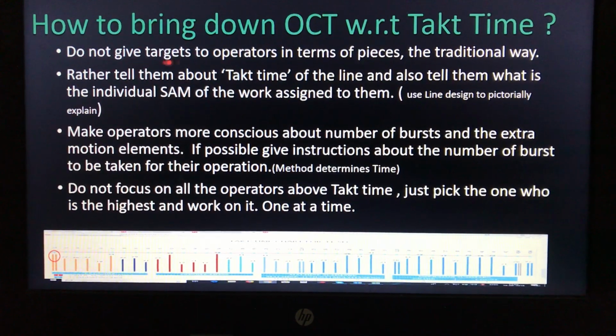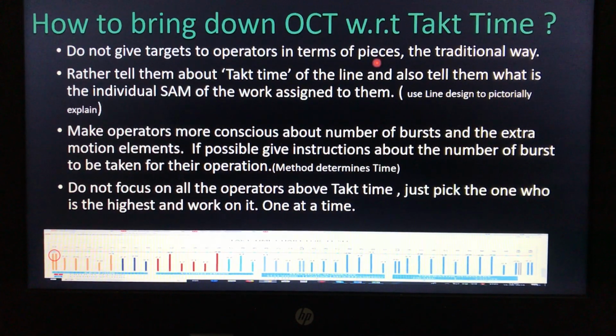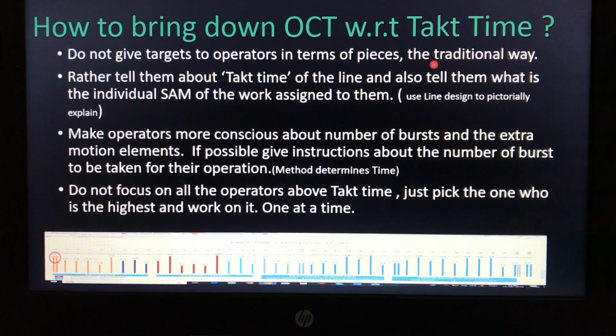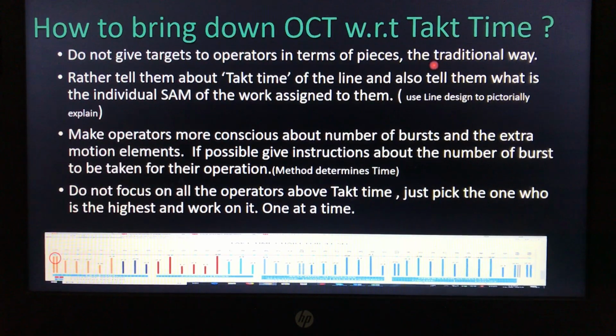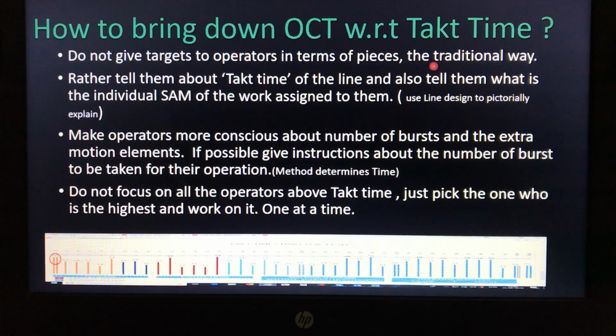Do not give targets to operators in terms of pieces the traditional way. We are used to talking to our operators asking for number of pieces per hour. We would say I want 60, I want 80 pieces, 100 pieces per hour. And most of them, they trust you and they give their best shot to achieve that. Sometimes they do achieve, sometimes they do not.